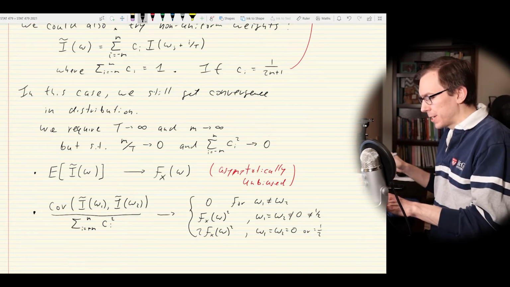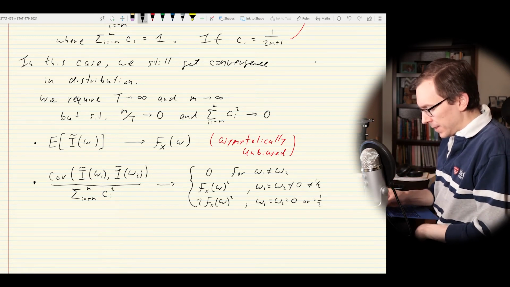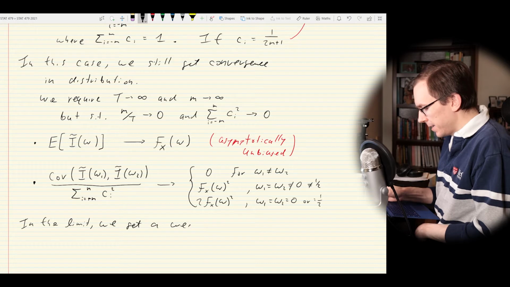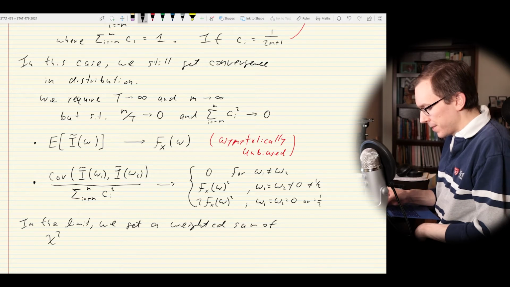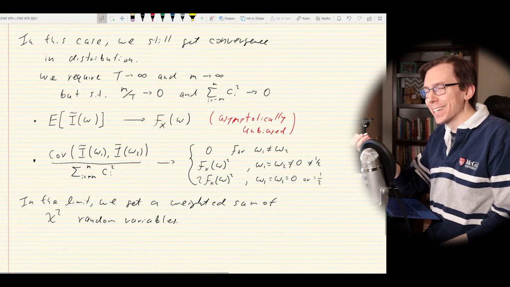All right, so as I mentioned above, in the limit, we get a weighted sum of chi-squared random variables, which is never really that great to work with.